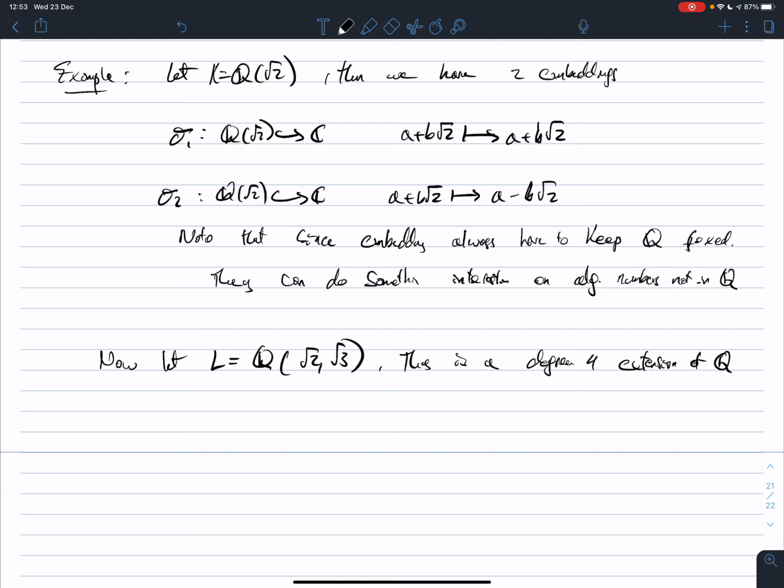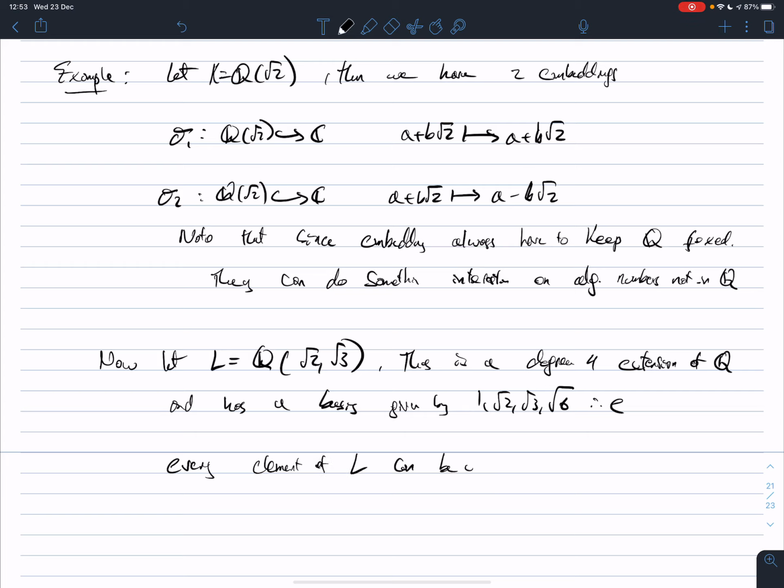Here's one possible basis, given by 1, root 2, root 3, and root 6, i.e. every element of L can be written as a plus b root 2 plus c root 3 plus d root 6 for a, b, c, d in the rational numbers.